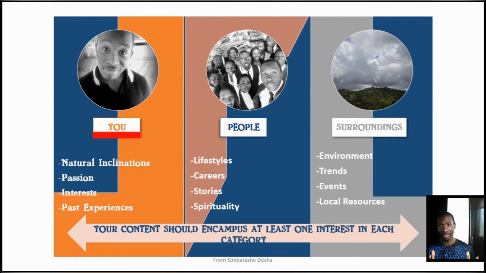So how do these help you choose a niche? When your natural inclination has to do with reporting, that means you have to be talking about something. So they are not going to be videos that are just quiet. They are not going to be, for example, instrumental videos.